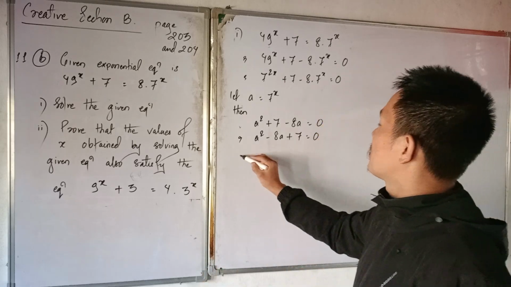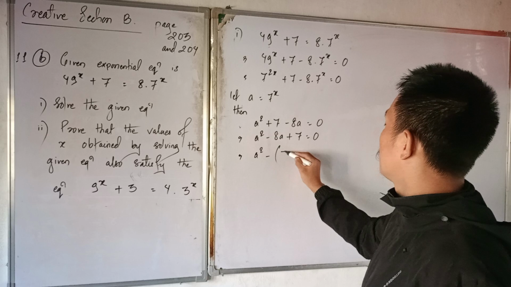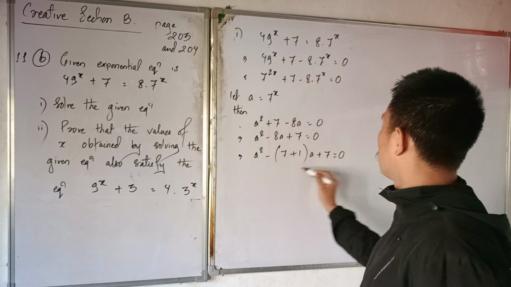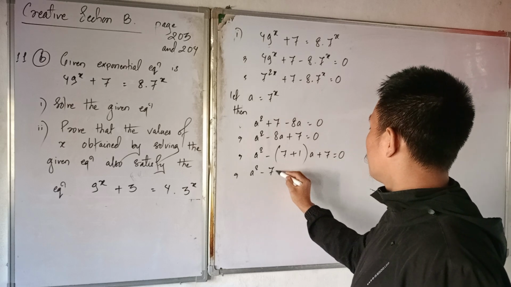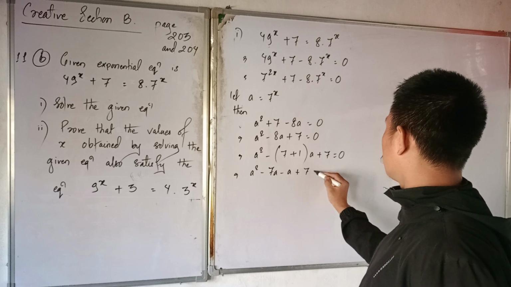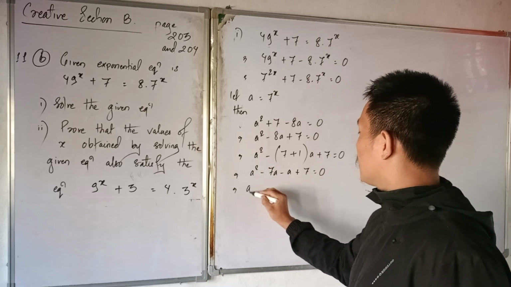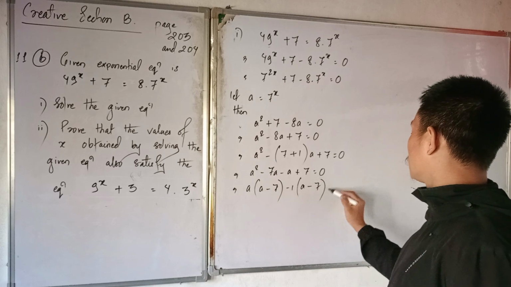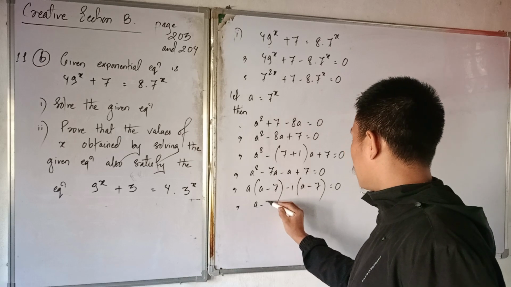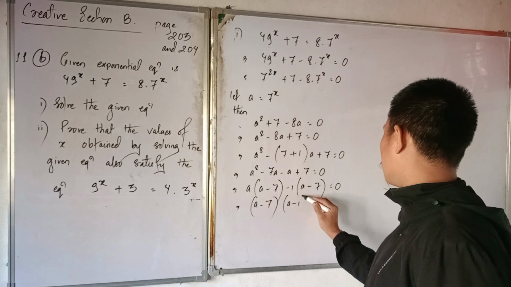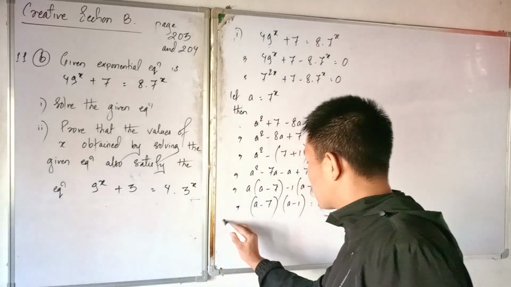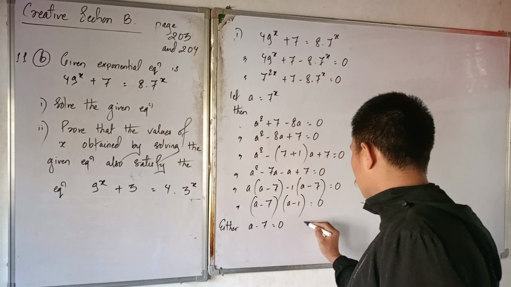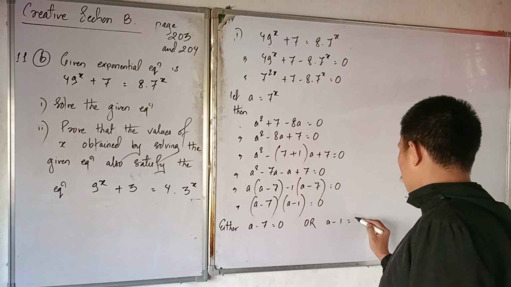Now just factorize this. a squared minus 7a minus a plus 7 equals 0. Take a minus 7 common, and minus 1 common: a minus 7 times a minus 1 equals 0. Now either a minus 7 equals 0, or a minus 1 equals 0.